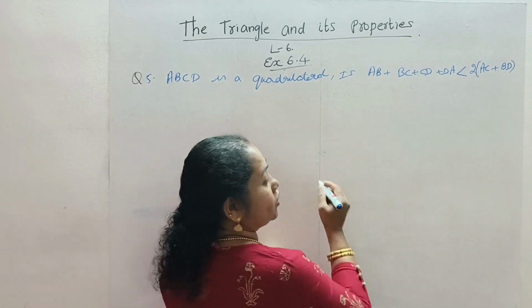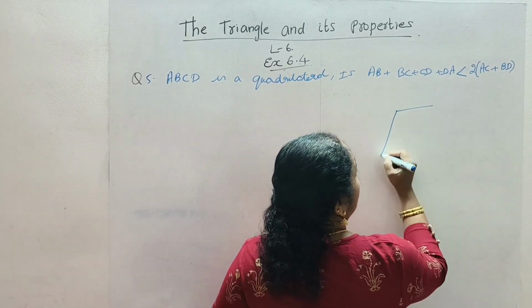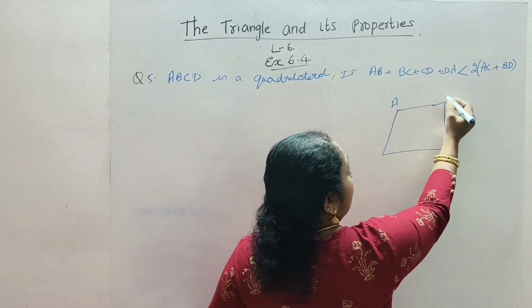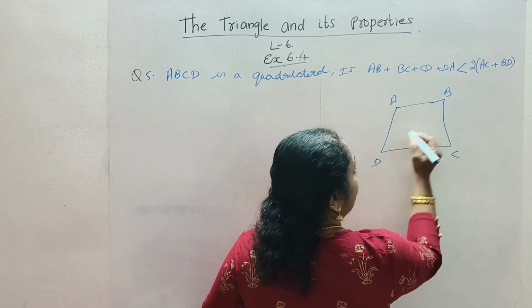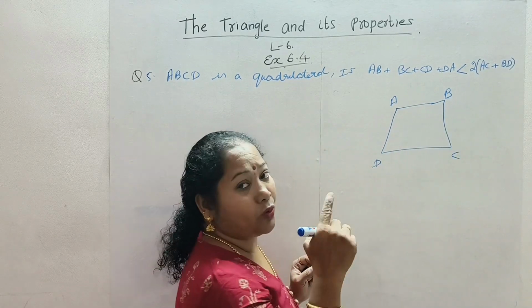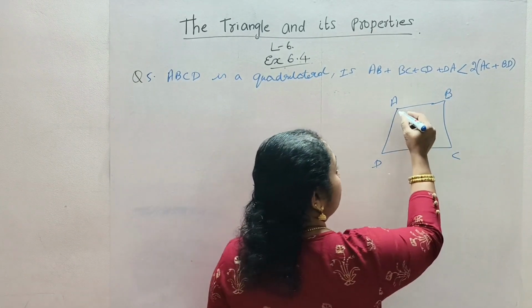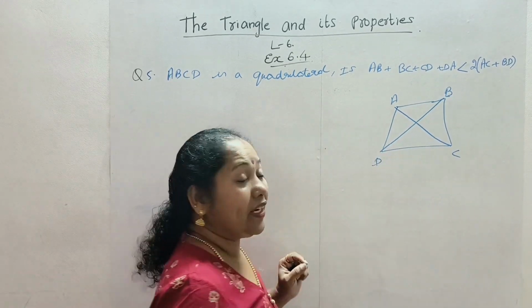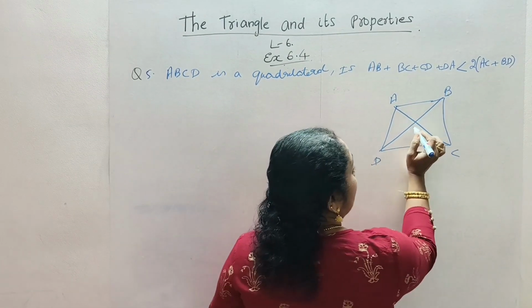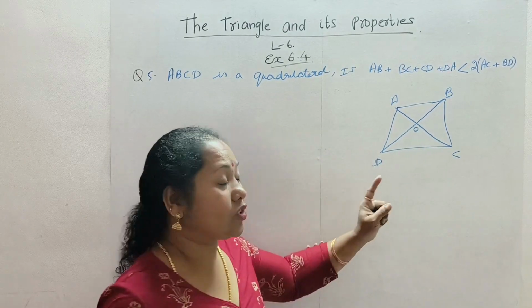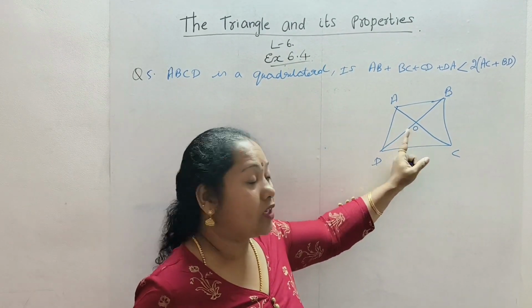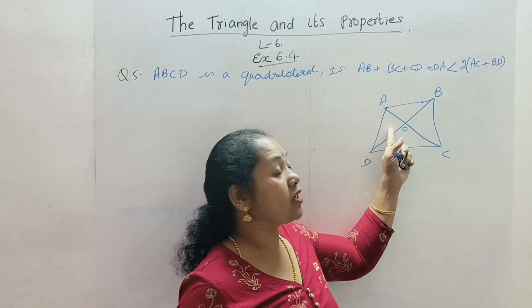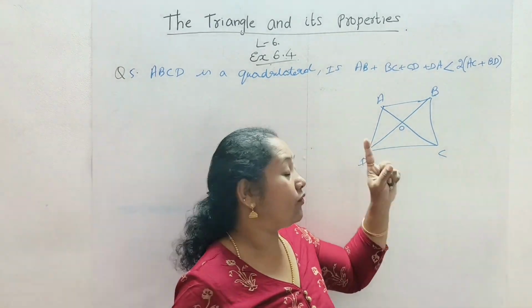So in this one, let us draw the quadrilateral ABCD. Now we have to connect the diagonals also. Let us name the intersecting point as O. In this question, we have to take these triangles separately, just like the first question.